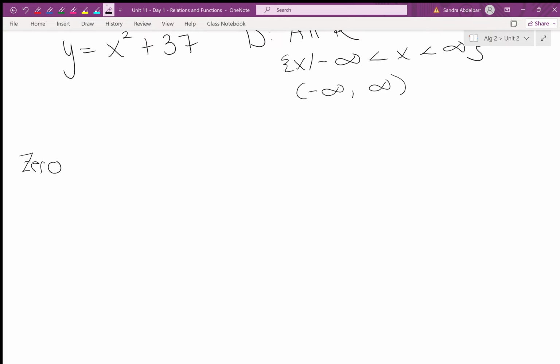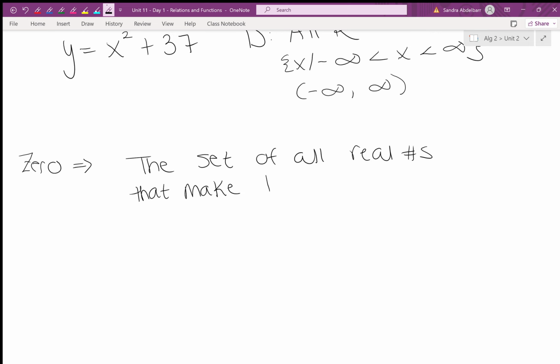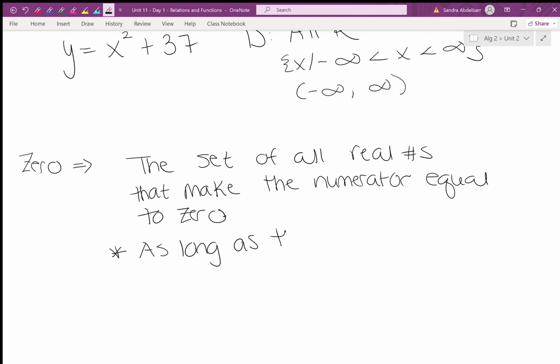All right, let's talk about zeros. The set of all real numbers that make the numerator equal to 0, as long as the 0 does not create a 0 in the denominator.